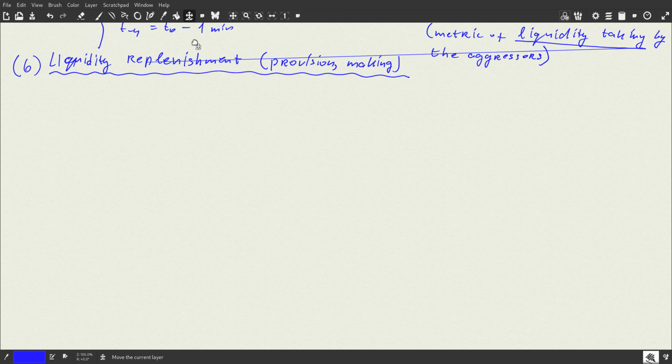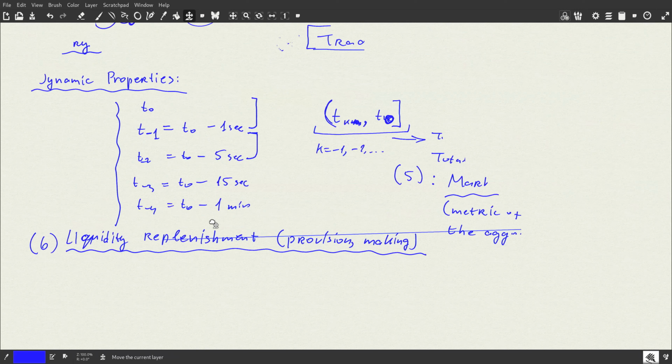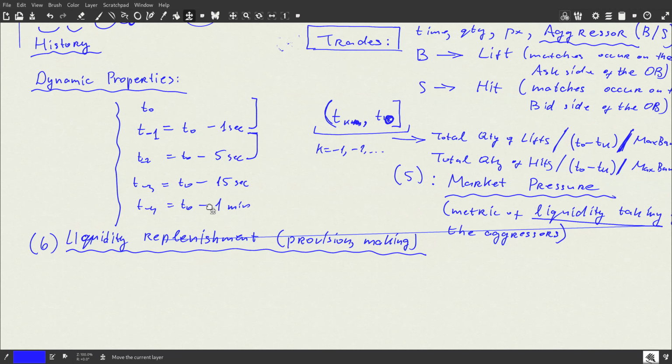By the way, sorry, returning to market pressure, if we only consider the total quantity of lifts and hits, we are losing information about trade prices.